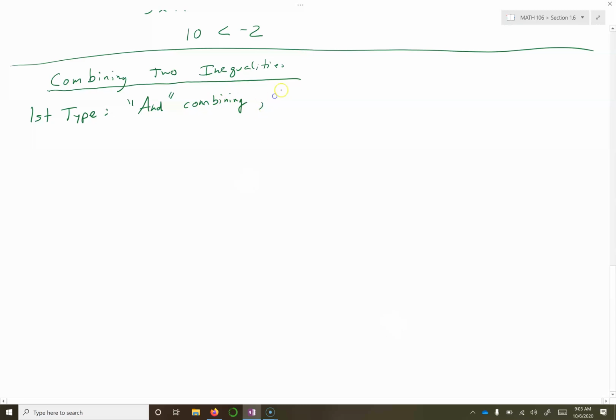We also call this the intersection, which has a symbol that looks like an upside down U. Intersection.